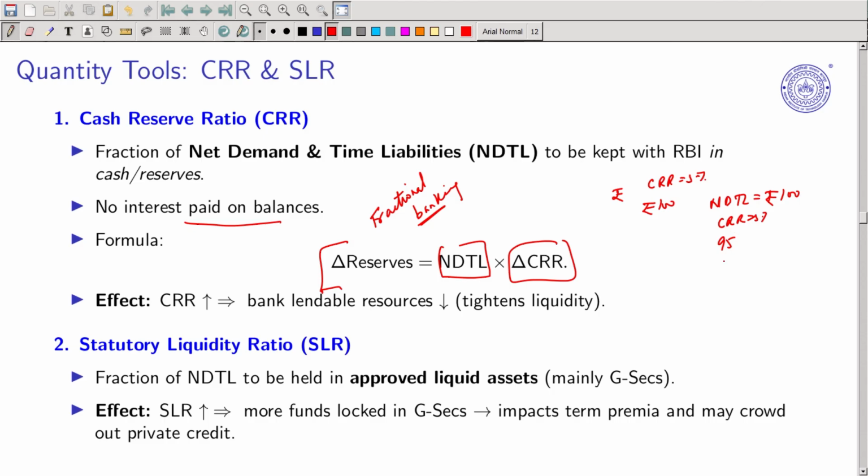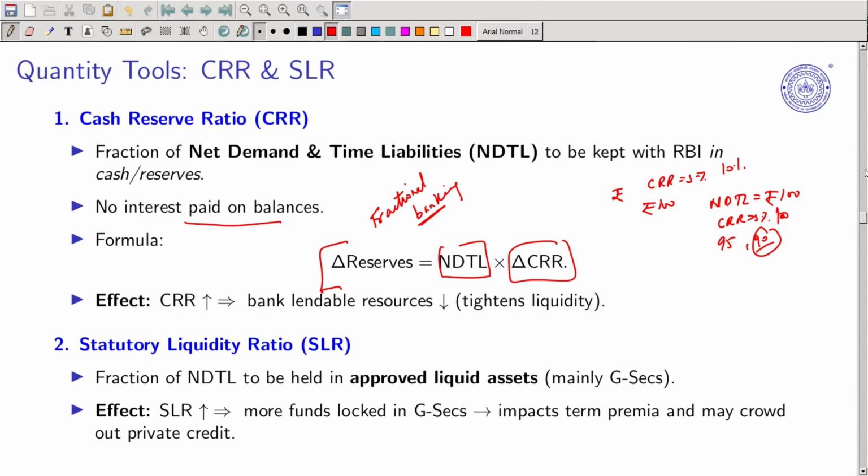And if the central bank increases this, then the money multiplier effect that we have seen earlier will be lower. If it goes to, suppose, 10%, the bank will have only 90 to lend, and this is where it tightens the liquidity.